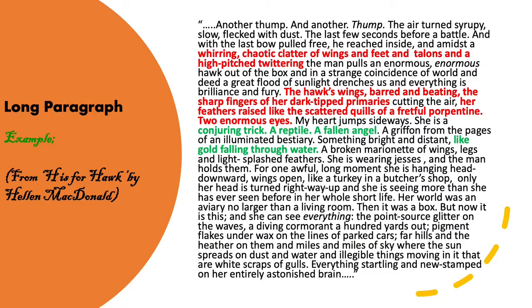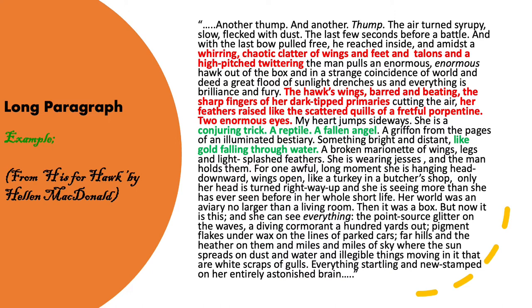In H is for Hawk, Helen MacDonald uses a long paragraph to give a detailed description of the hawk she chooses in the pet store. Here, the physical appearance and its behavior is vividly described in a long paragraph to show her obsession with her dream hawk. She gives an in-depth analysis of every part of the bird that implies how obsessed she is with this specific hawk.